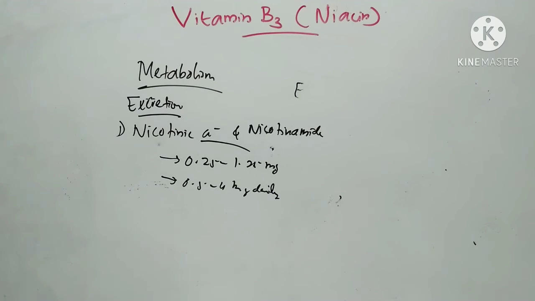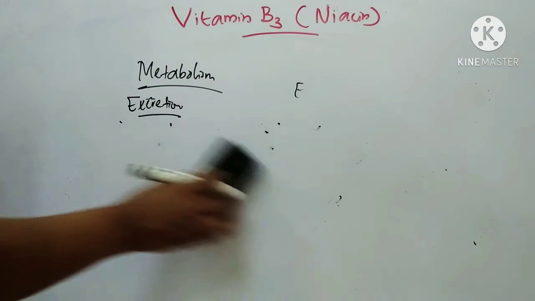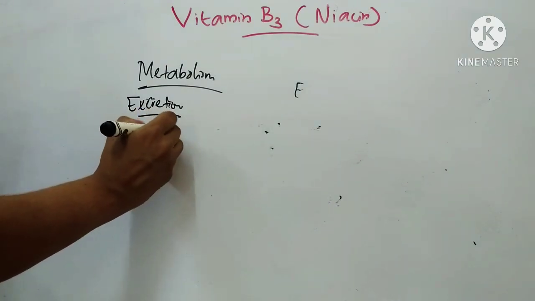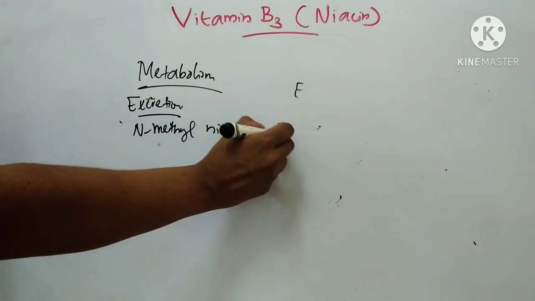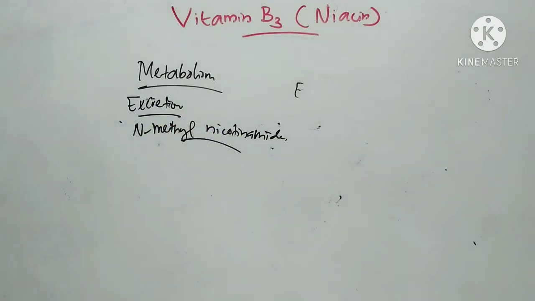Then next as N-methyl nicotinamide. Major urinary metabolite is a methylated derivative, that is N-methyl nicotinamide. The methylation occurs in liver by the enzyme niacinamide methyl transferase. Here this methyl group is given by active methionine.